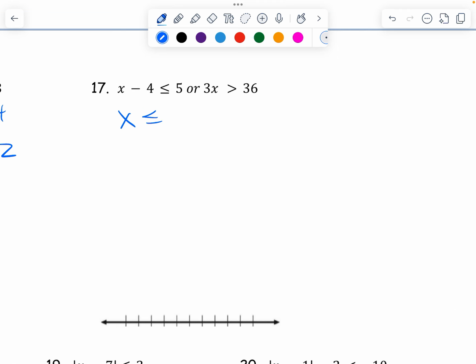X is less than or equal to 9, or x is greater than 12. 9, 10, 11, 13, 14, 15, 8, 7, 6, 5. It's less than or equal to 9, and it's greater than 12.